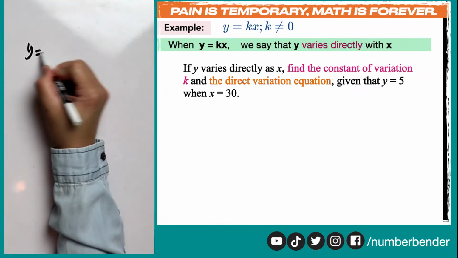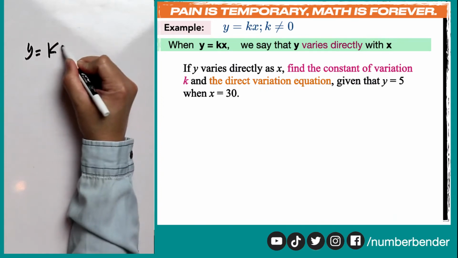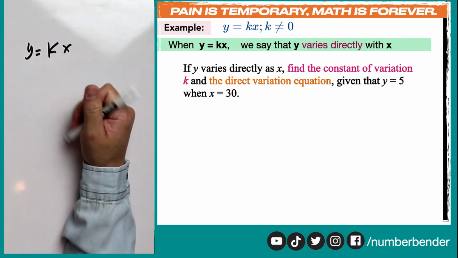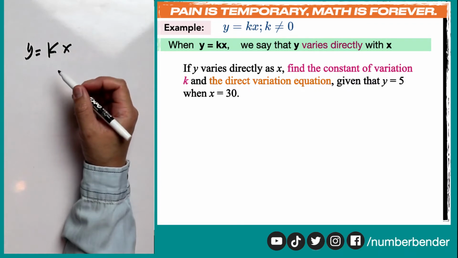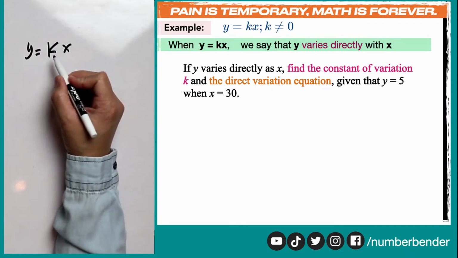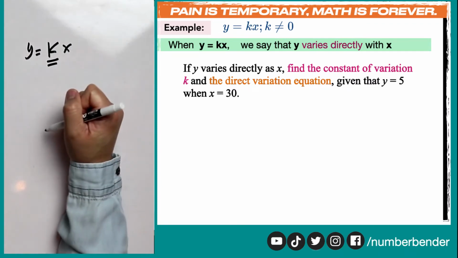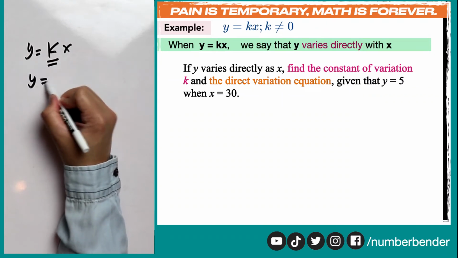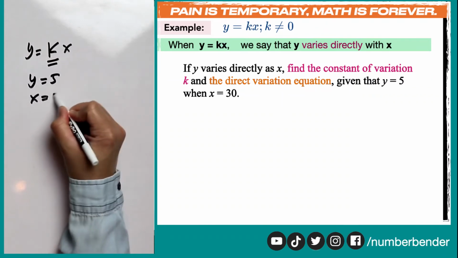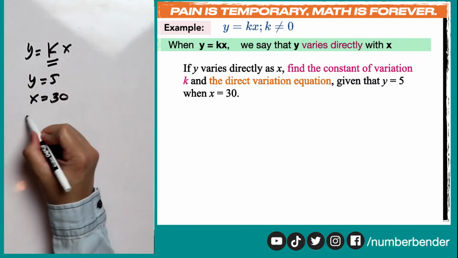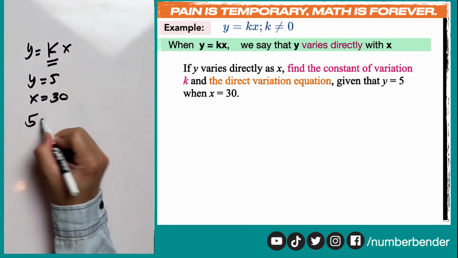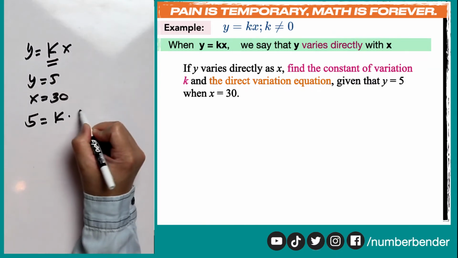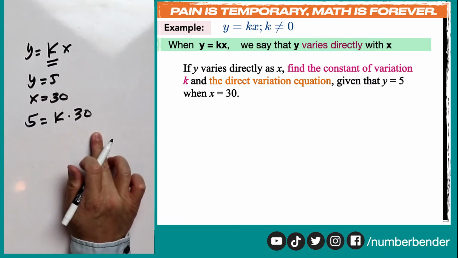We know that we're going to be using y is equal to kx as our formula because it says y varies directly as x. We need to find the constant of variation k, so this is what we're looking for. And we know that y is equal to 5 and x is equal to 30. So y is equal to 5 equal to k times 30. And this is now our formula specific to our word problem.